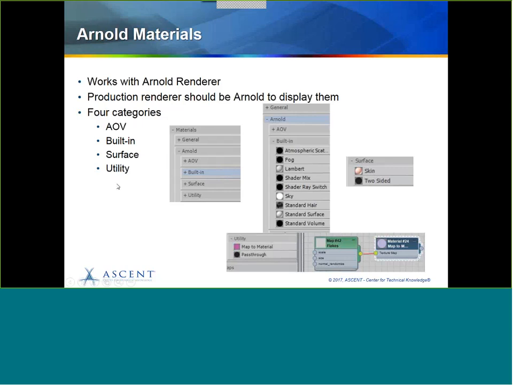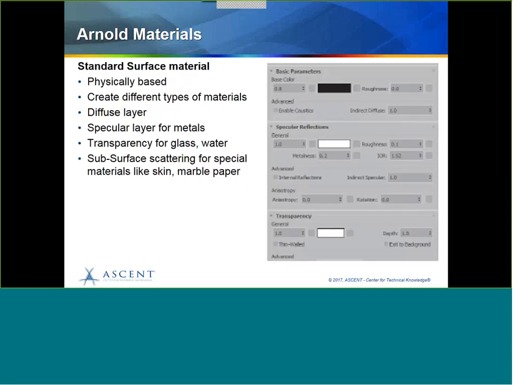Now, the utility category contains the maps to material and the pass-through options. So it has 2 more materials there. And the maps to material option enables you to use the maps directly on the objects in the scene.